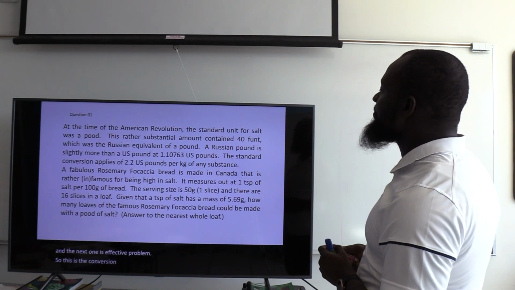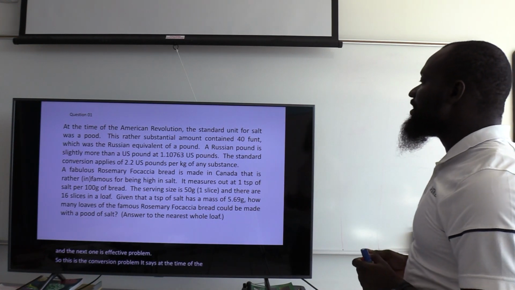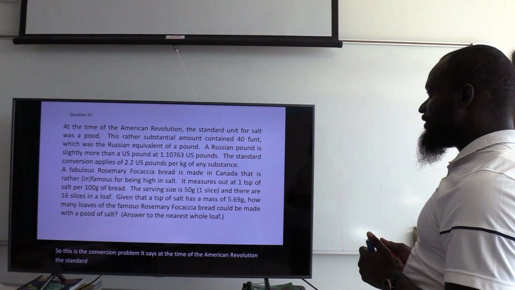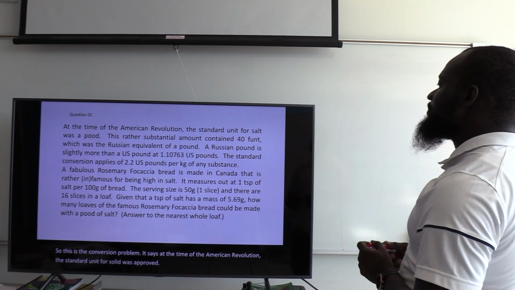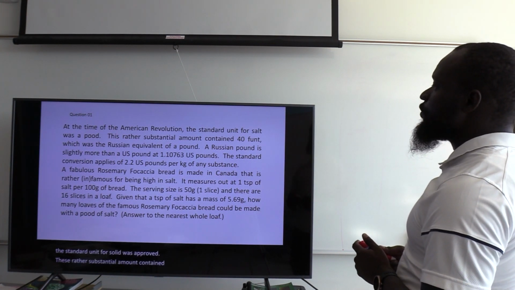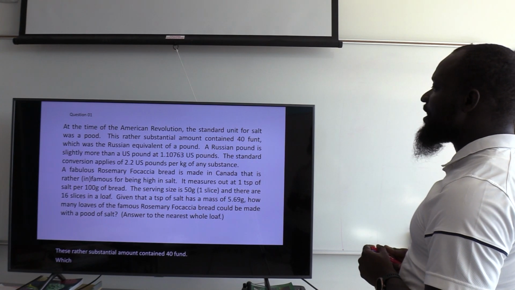It says, at the time of the American Revolution, the standard unit for salt was a pud. This rather substantial amount contained 40 funt, which was the Russian equivalent of a pound.